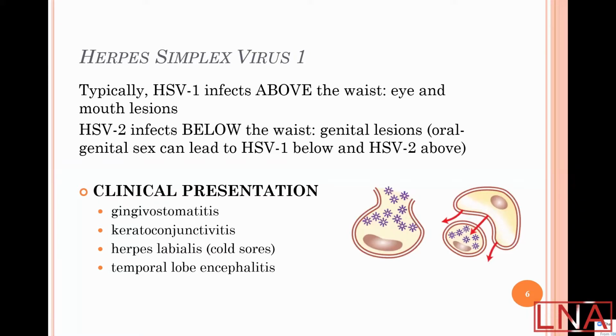What are the main clinical presentations of herpes simplex 1? Gingival stomatitis, keratoconjunctivitis, herpes labialis, and temporal lobe encephalitis. On the picture, you can see how the virus replicates inside a specific lesion and goes out from it.